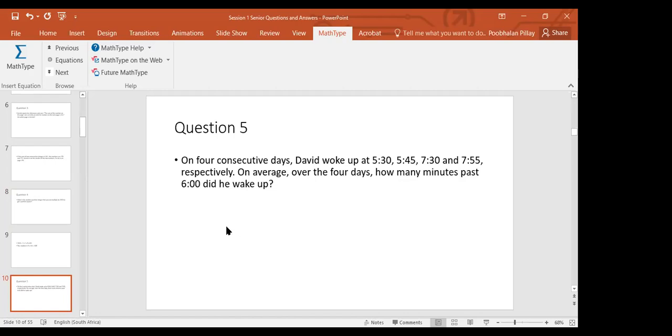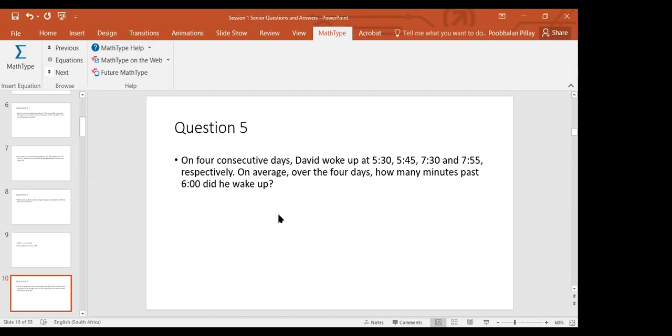So question 5 is, on 4 consecutive days, David woke up at 5:30, 5:45, 7:30, and 7:55, respectively. So on average, over the 4 days, how many minutes past 6 o'clock did he wake up?